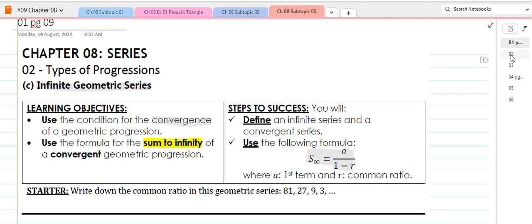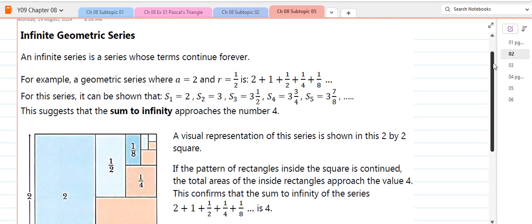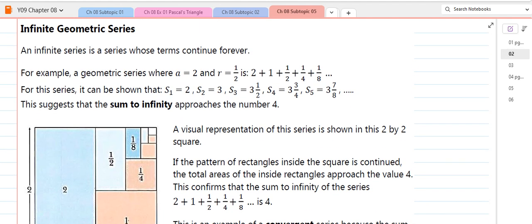So let's begin. Say we have a geometric series where the first term is 2 and the common ratio is half. What happens in an infinite geometric series is that the terms continue forever.